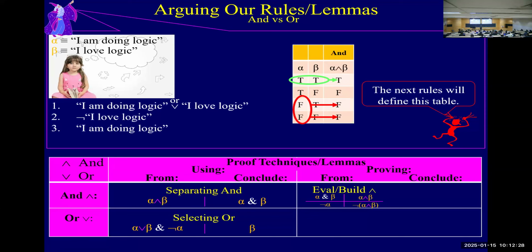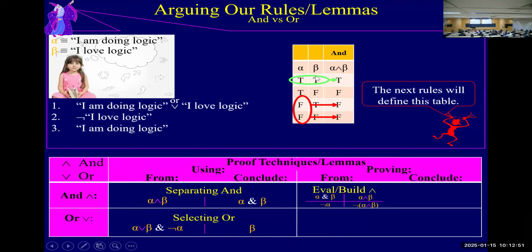Pretty straightforward. And again, I told you, I named it eval build. Why? Well, because you can think of this as I tell you alpha is true, I evaluate alpha is true, I evaluate beta is true, and now I evaluate this is true, right? Or you can think about it as building a bigger structure, right?